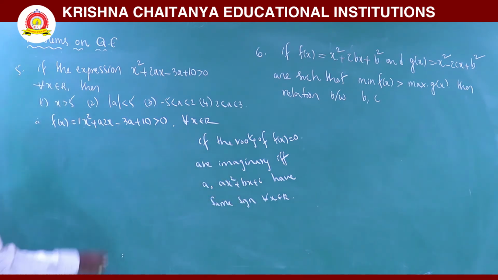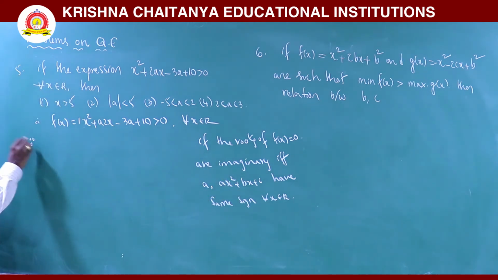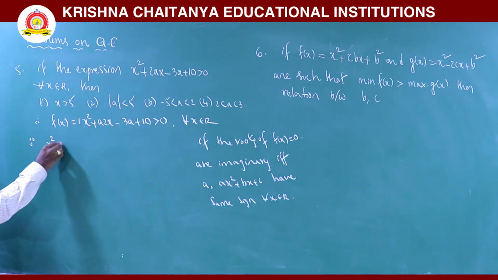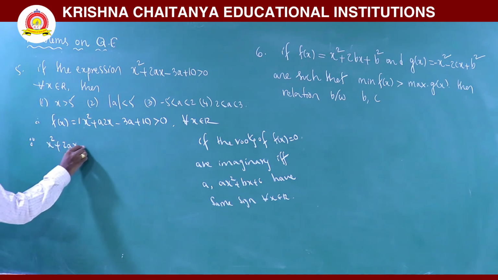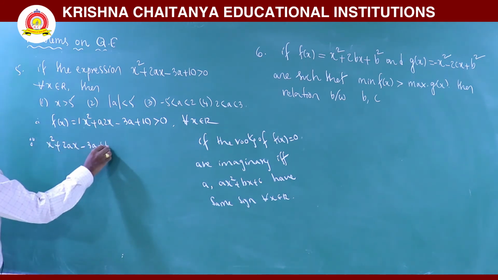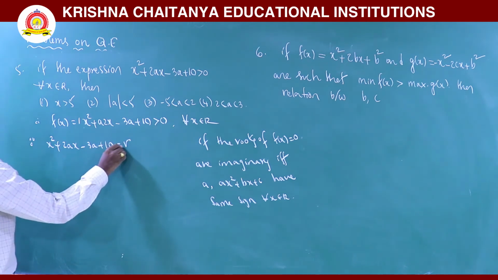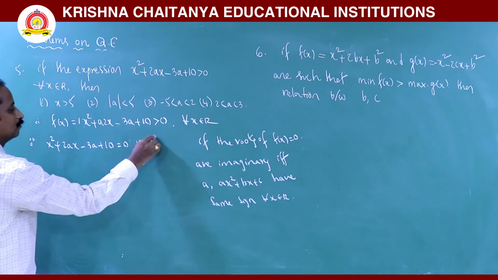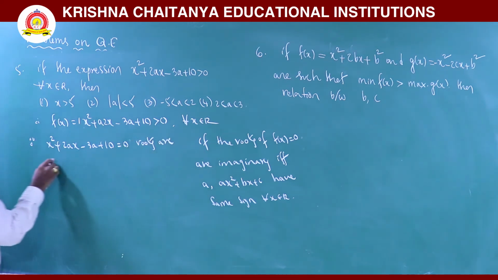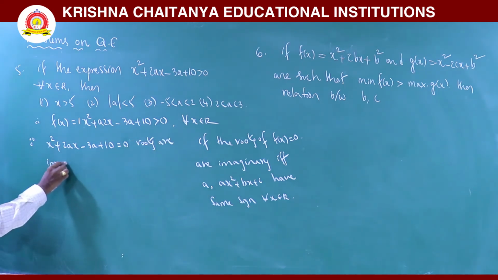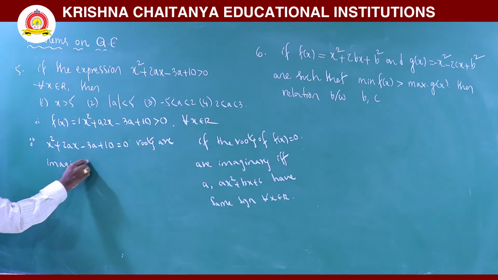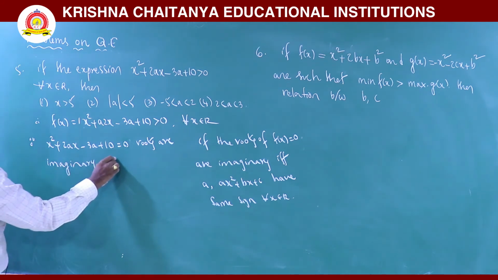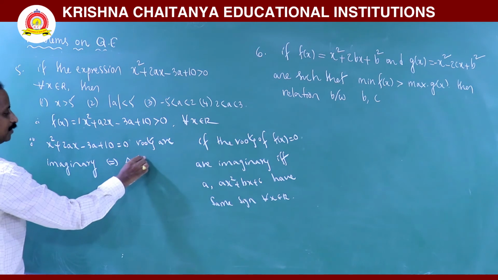So indirectly, if and only if the roots of x square plus 2ax minus 3a plus 10 equal to 0 are imaginary. Imaginary means delta less than 0. So delta should be less than 0.